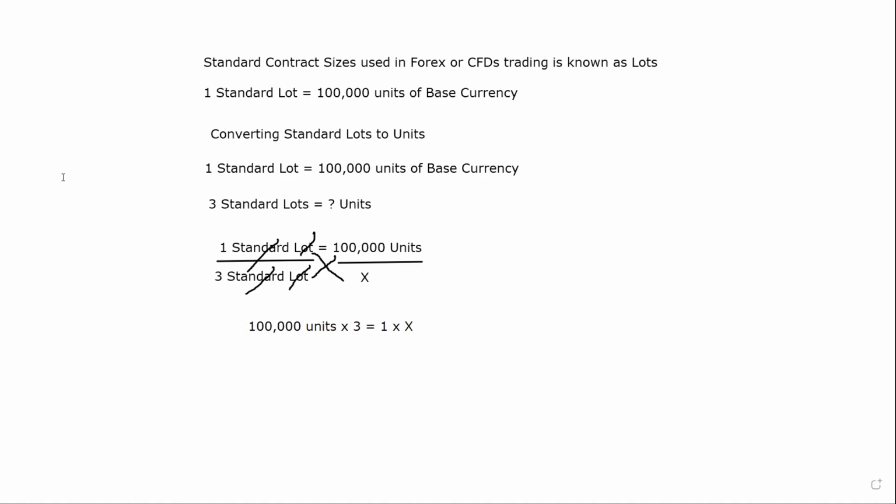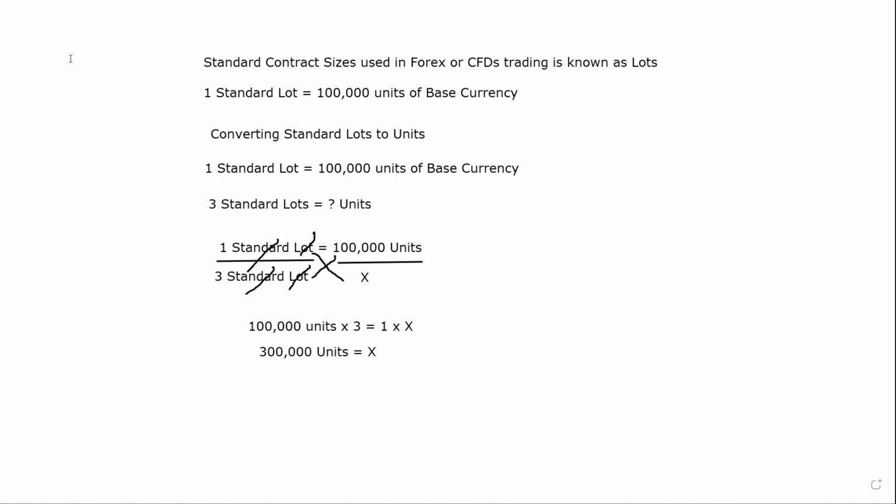Now we just multiply it: 3 times 100,000 gives 300,000 units, which is equal to X. So the value of X is 300,000 units. This means that 3 standard lots is equal to 300,000 units.